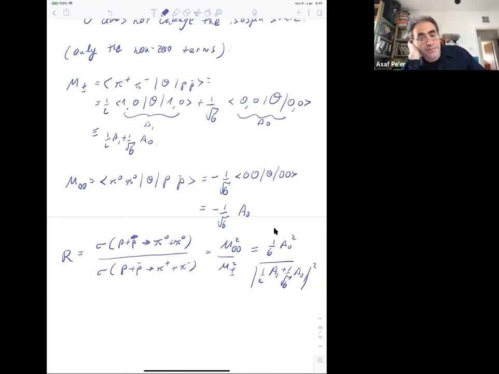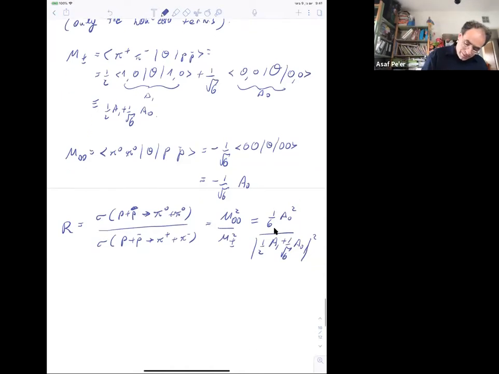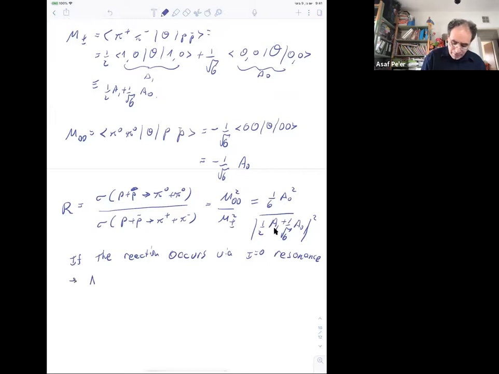Now the reaction occurs via some intermediate state, that's called the resonance state. If the reaction occurs via an I equal to 0 resonance, then obviously A0 is much greater than A1, and we get that R is approximately 1.